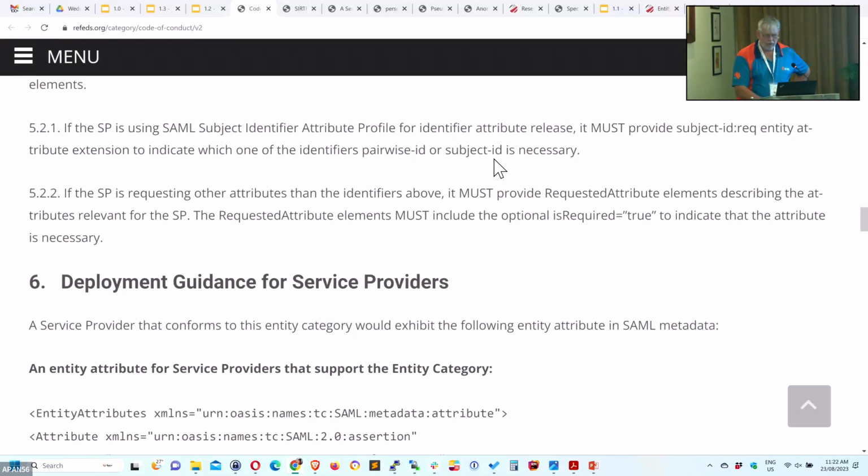Using a pairwise ID and the subject ID is necessary. If the service provider is requiring other attributes than those identified above, it must provide a RequestedAttribute element in its metadata. The element must include isRequired equals true to indicate the attribute is necessary. So you can say it's not necessary or is necessary, but you need to indicate either way.